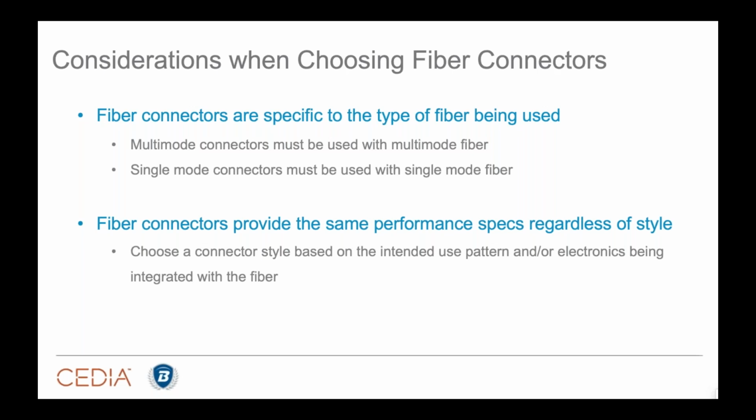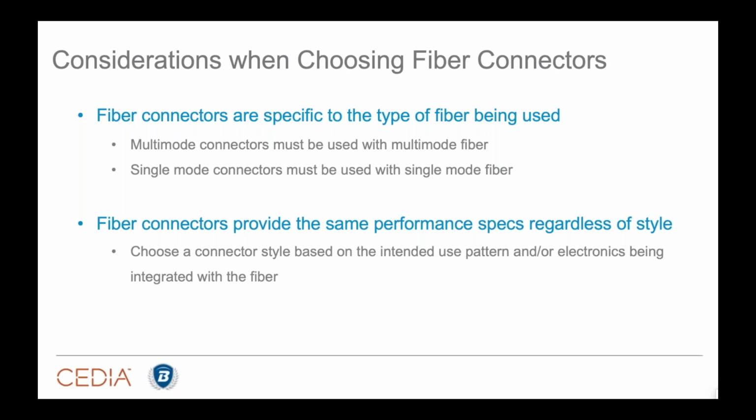We'll talk about the cabling in a minute, but there really are two different types, single mode fiber and multi-mode fiber. You need to make sure that you're terminating and selecting connectors that are made for the fiber you're using. So if you've got single mode fiber, put single mode connectors on there. If you've got multi-mode fiber, put multi-mode connectors on there.